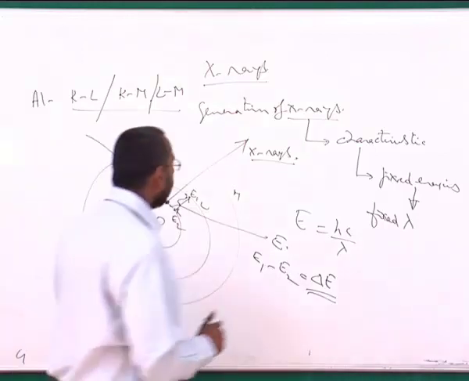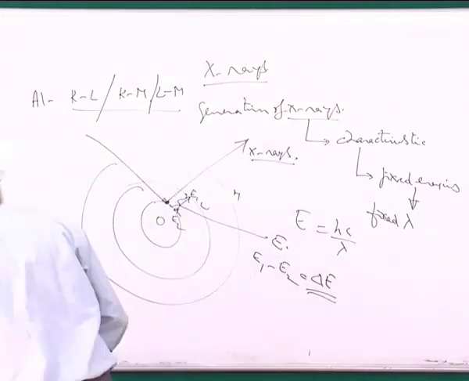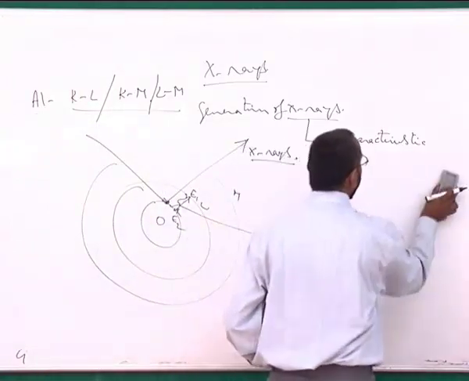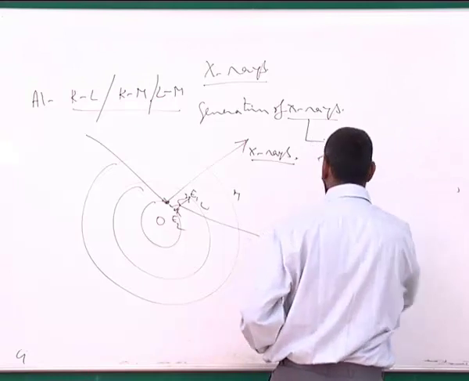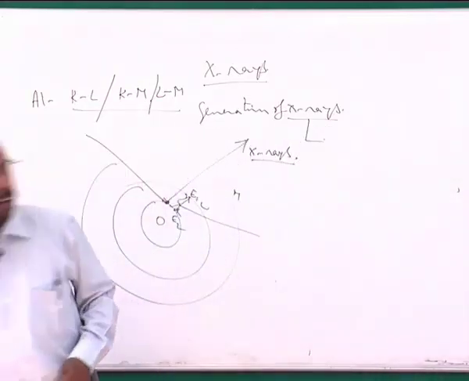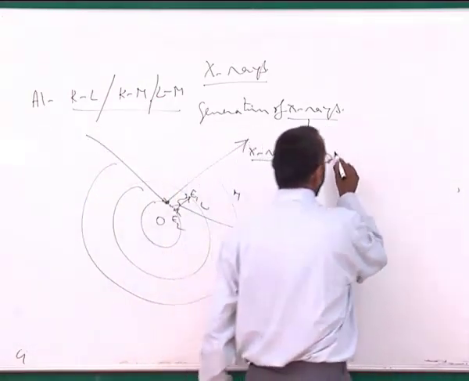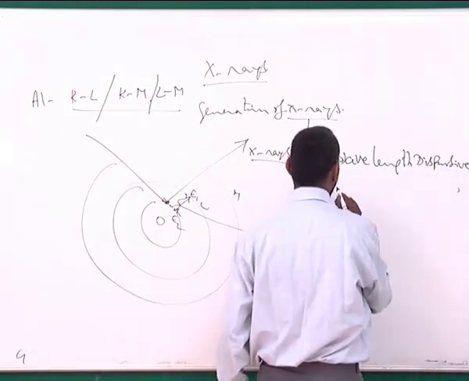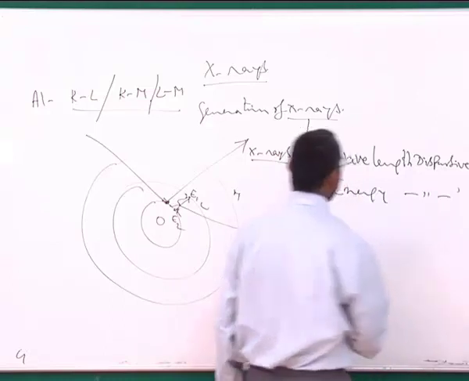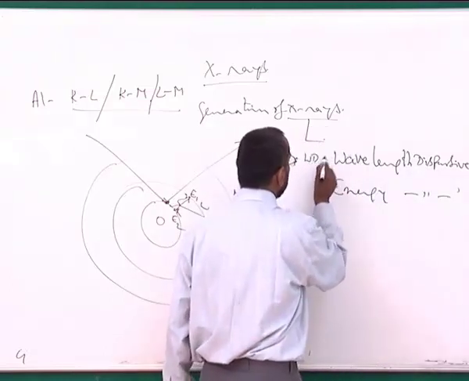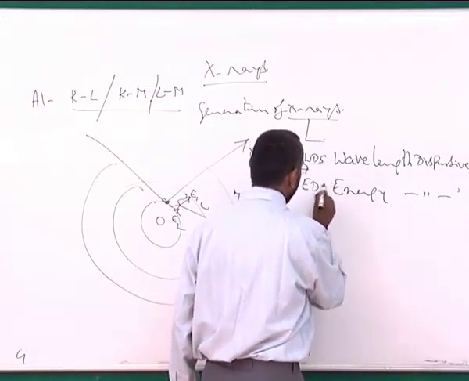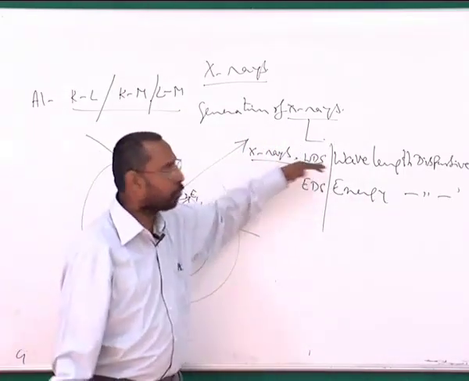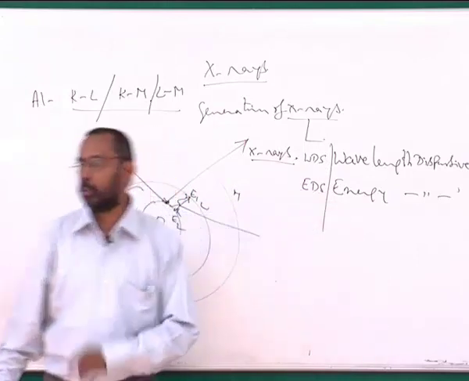People refer to them as two different techniques based on how these X-rays are collected. One is called wavelength dispersive technique, and the other is called energy dispersive. People call them WDS or EDS: wavelength dispersive spectroscopy, energy dispersive spectroscopy.